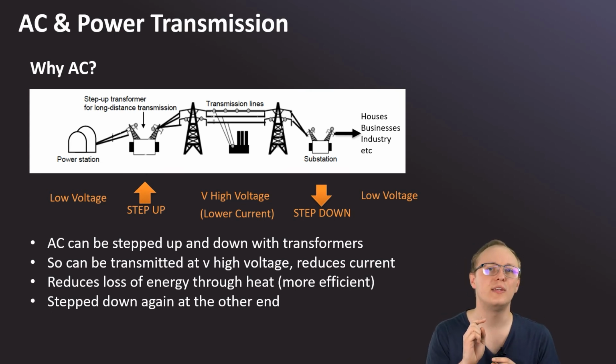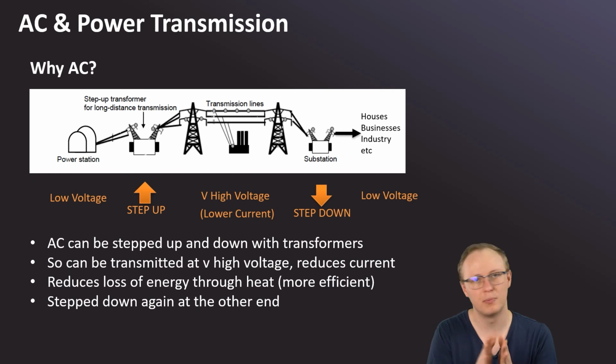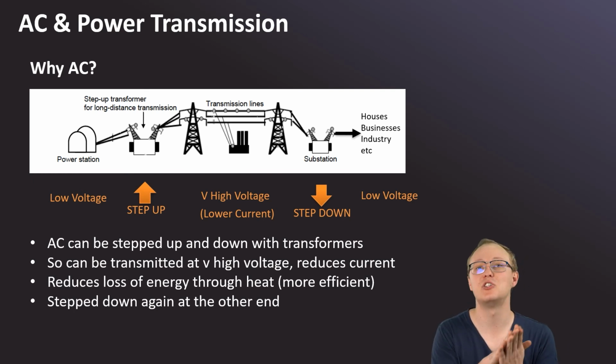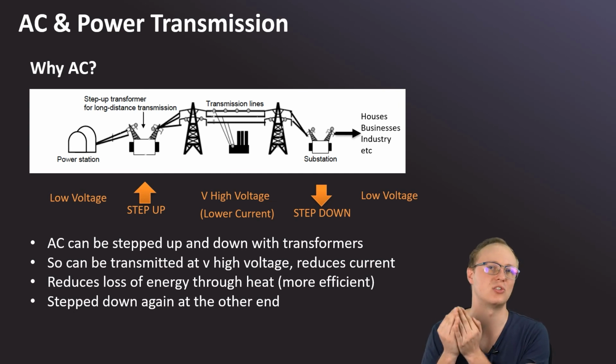Now, when we use a higher voltage, the electricity transmission becomes more efficient, right? More efficient means less of the energy is lost simply to moving from A to B, and more of the energy actually gets to where it needs to be used.